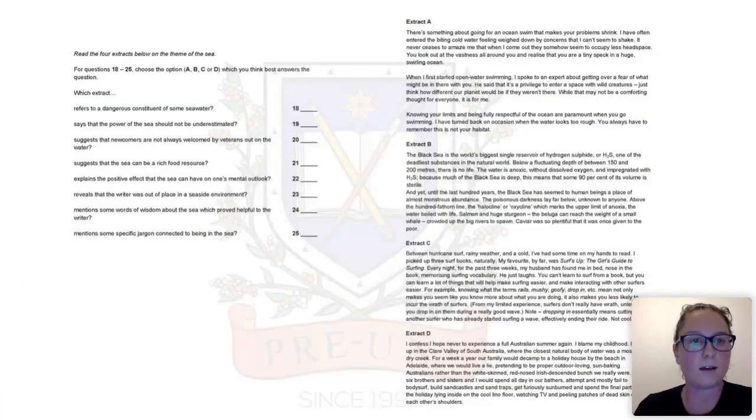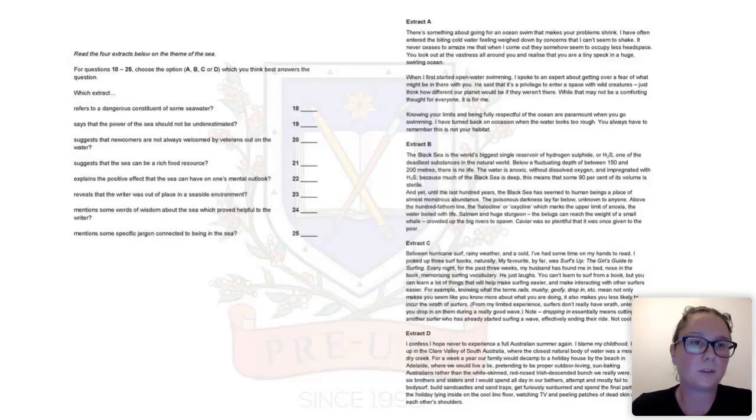So on the screen now, you should see an example of a multiple matching test. There's 4 extracts down the right. Extracts, they're always labeled A, B, C, D. And then on the left, you should see the clues.